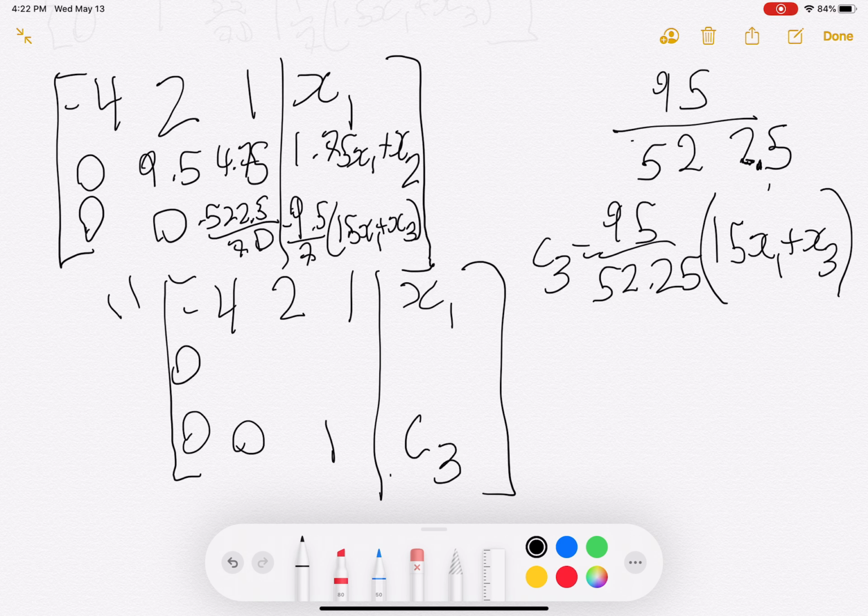And this is really useful because this will make our process a little much easier, actually. Okay, so now we have 9.5, 4.75, and then 1.75 x1 plus x2. Okay, great. So now we've gone past the first hard bit. Oh wait, actually, this won't be as bad now, theoretically.